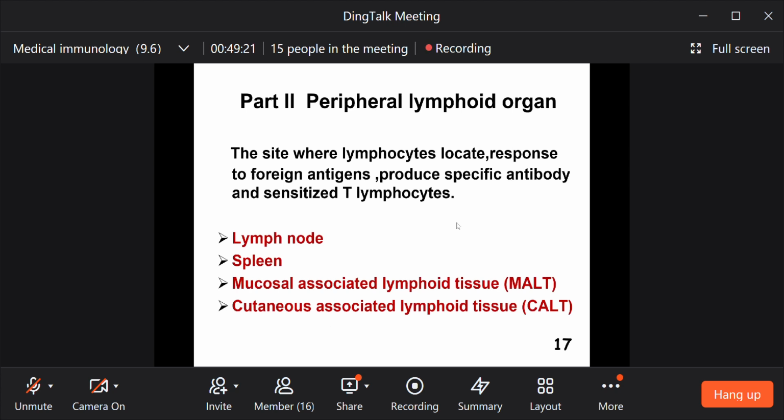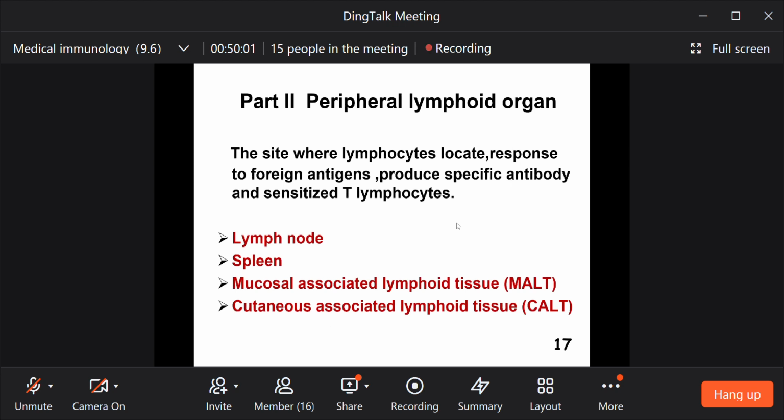And part two, the peripheral lymphoid organs. This part is the site where lymphocytes are located, respond to foreign antigens, and produce specific antibodies and T lymphocytes.